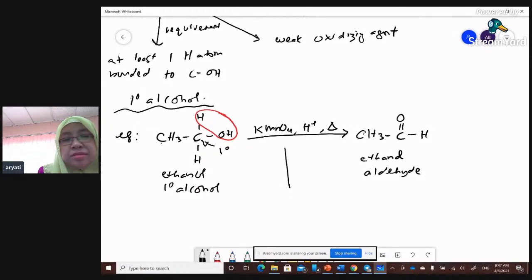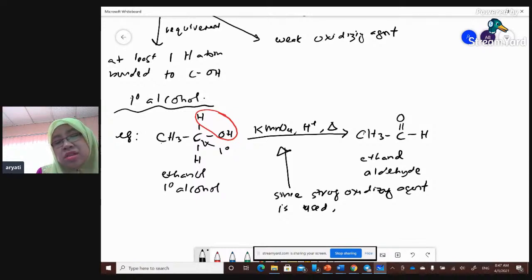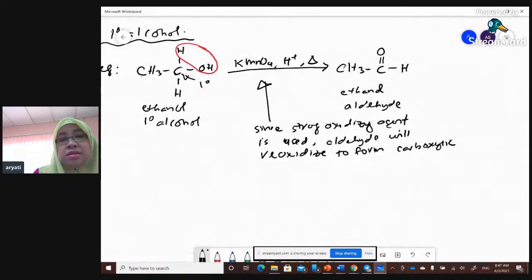Okay, sebab since strong oxidizing agent is used, sebab kita gunakan agen pengoksidaan yang kuat, okay, aldehyde will reoxidize to form carboxylic acid.